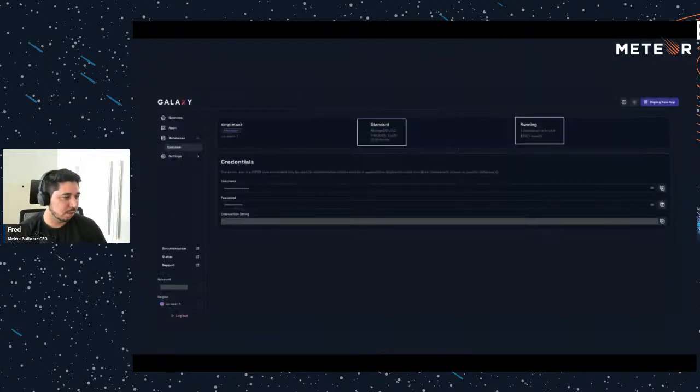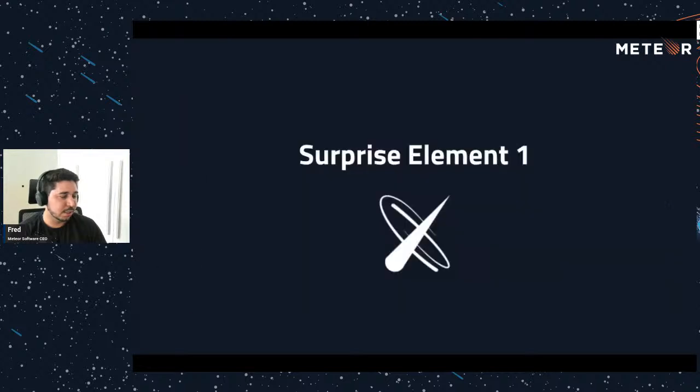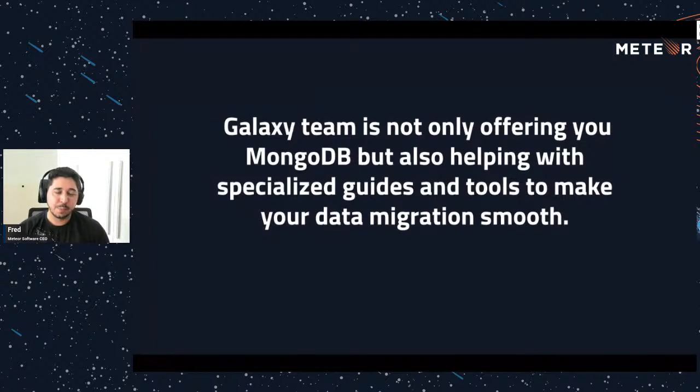And one great thing about this, and this is actually a surprise element we added on the podcast, is that our team is not only offering you MongoDB, but we will also help you with your migration. So we are creating specific migration guides for each provider out there.